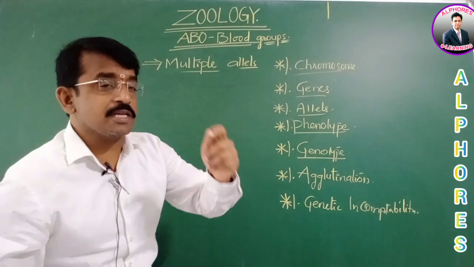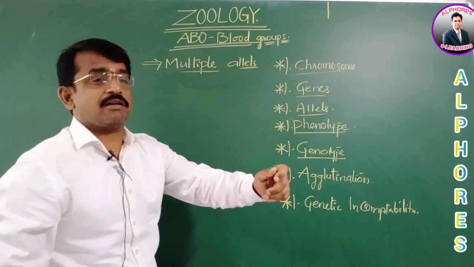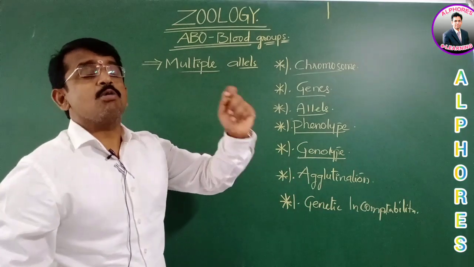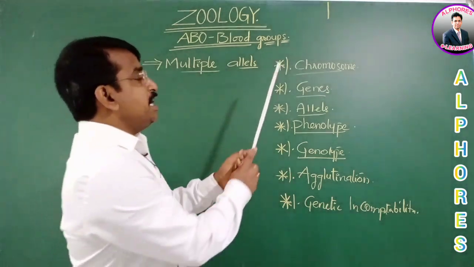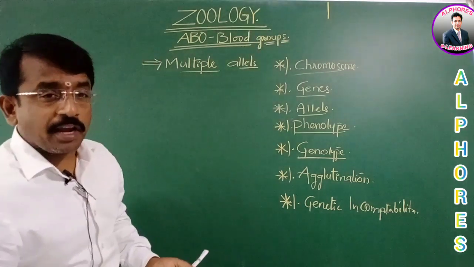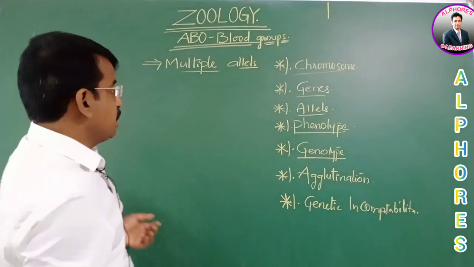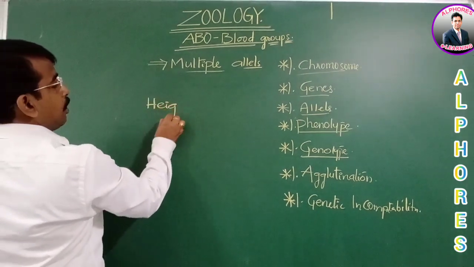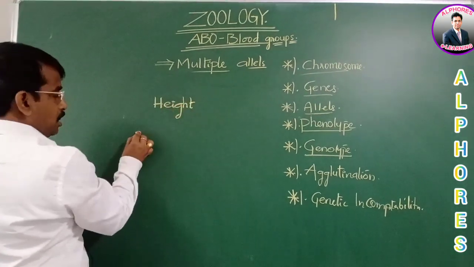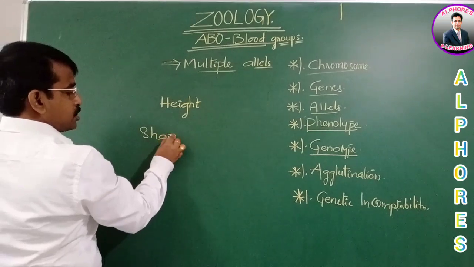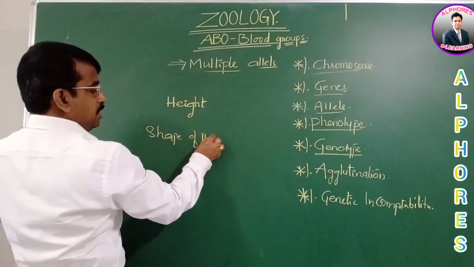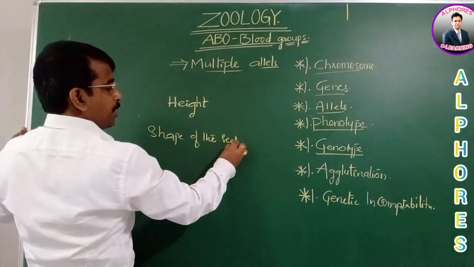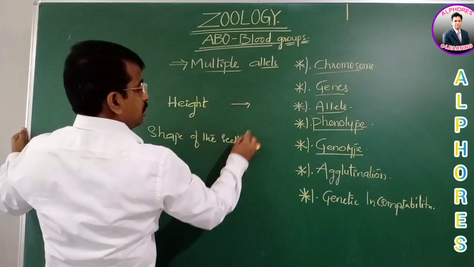Not only these examples, but all the characters are under the control of the genes. So a gene is responsible for each and every character. For suppose, the height of an individual and the shape of the seed, these are the terms you came across in genetics.